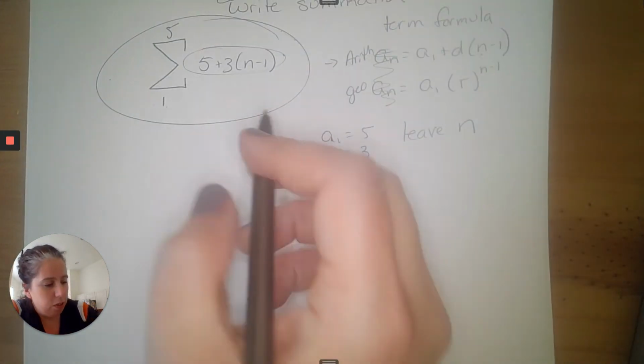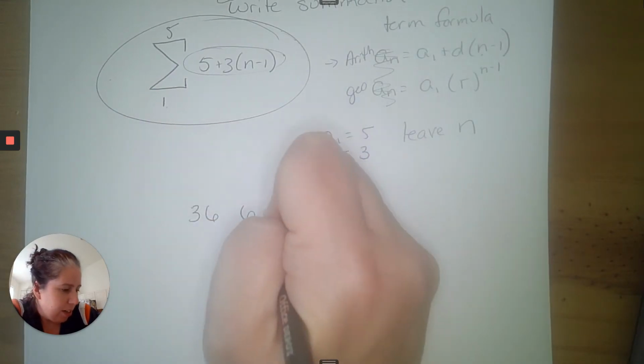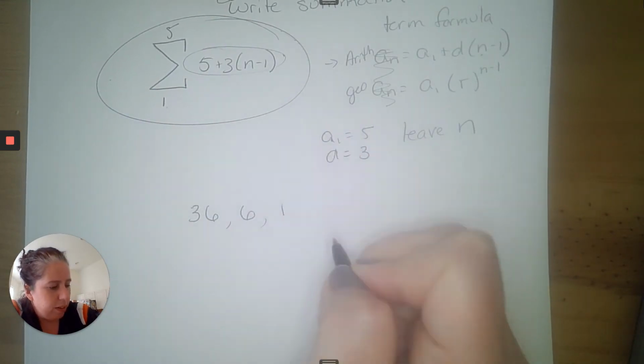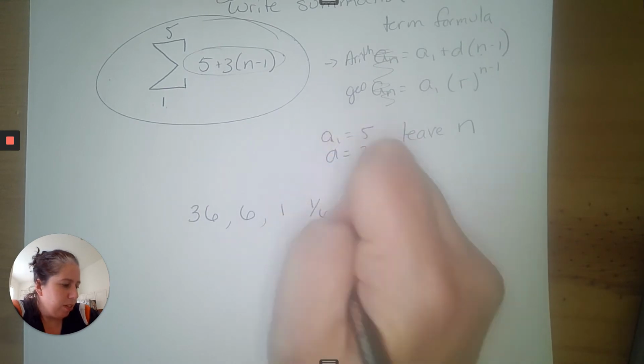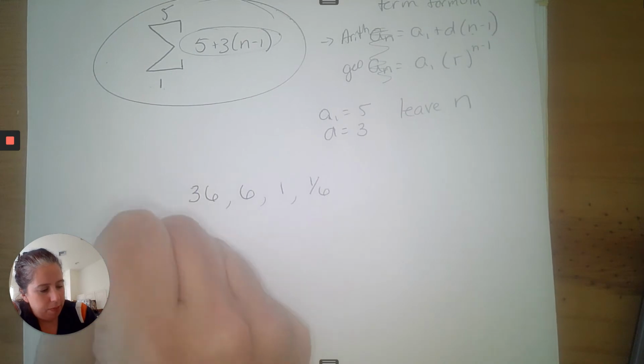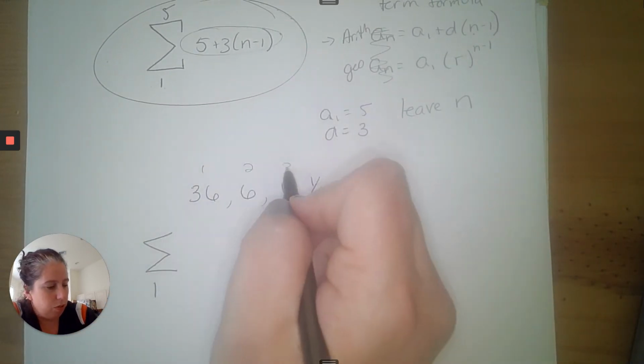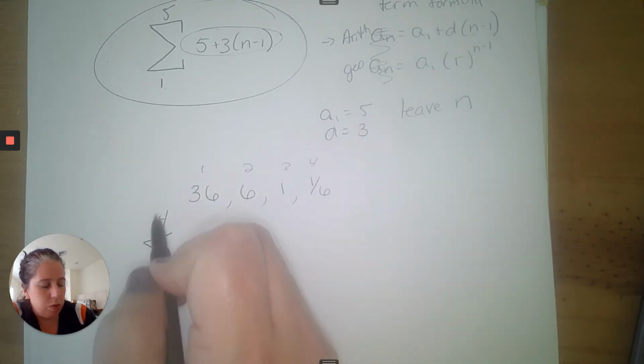If I give you one like this, 36, 6, 1, and then 1/6, you've got your sigma. You're always going to start with 1. I have term 1, 2, 3, and 4, so 1 to 4.